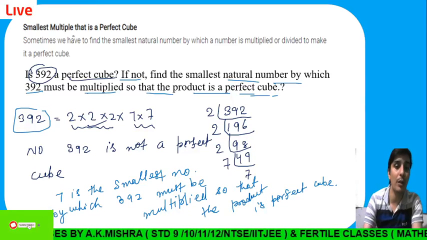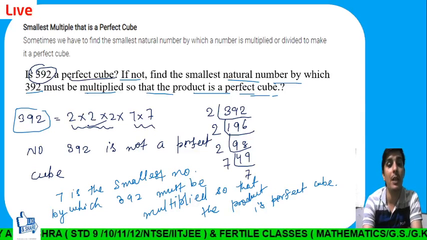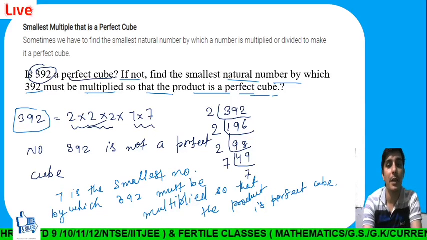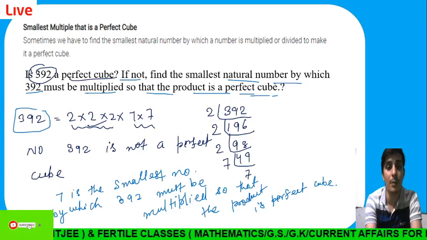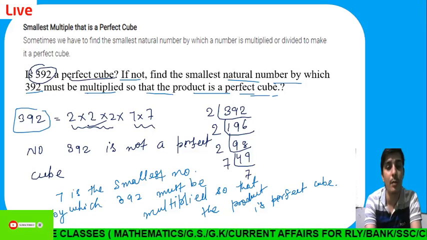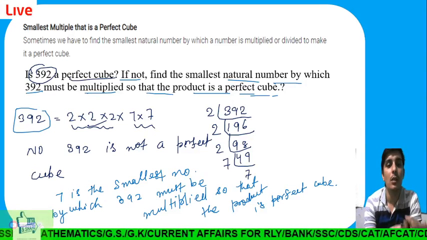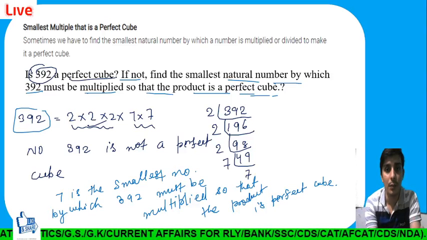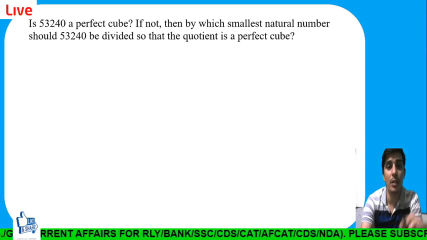So you have to divide out the remaining unpaired prime factors, the ones that do not appear three times. You can better understand through this example, guys.